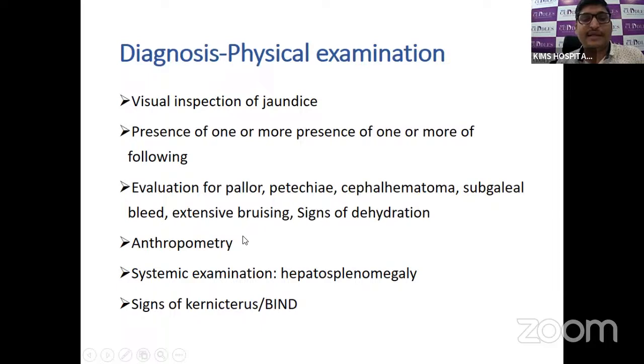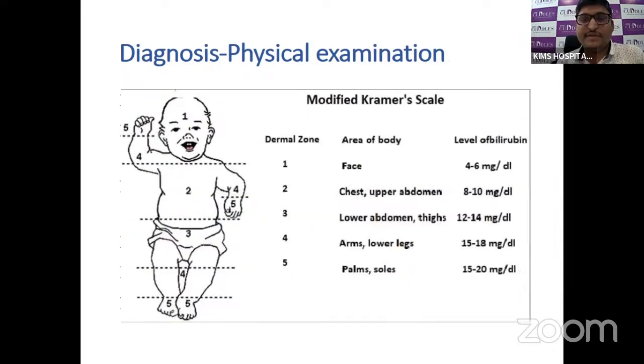We also look at anthropometry and system examination, look for any hepatosplenomegaly and any abnormal facies, and look for neurological sequelae, the tone and the movements of the child.